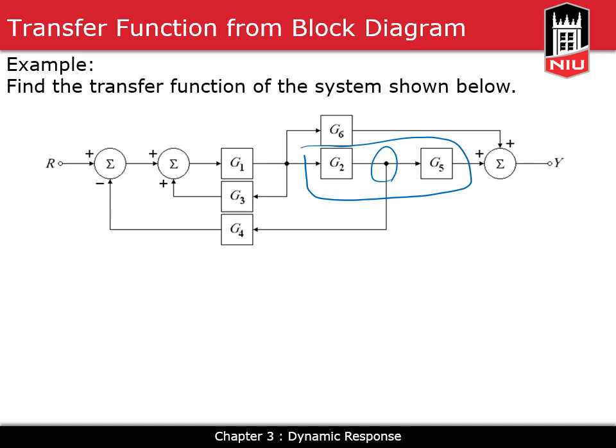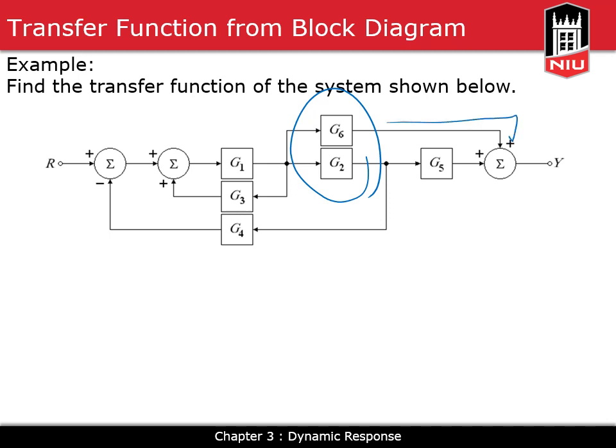So we cannot consider those two blocks in series. That doesn't work. Blocks G2 and G6, for example. If you want to consider G2 and G6 as parallel, they do have the same input, but their outputs do not get directly added up.